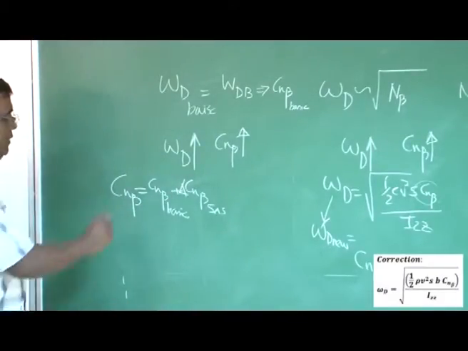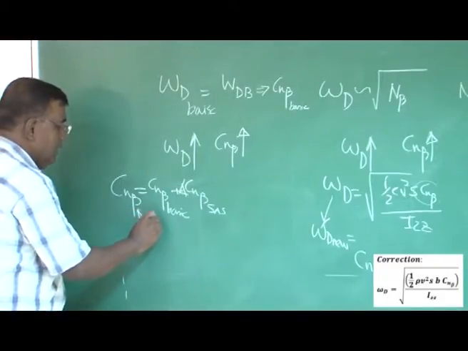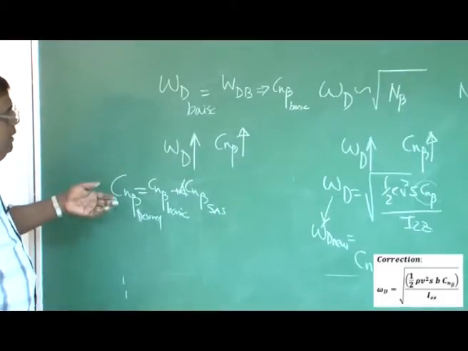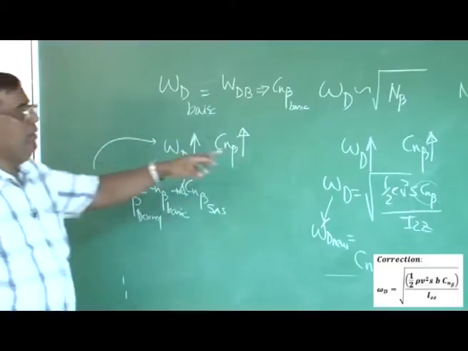And this is the desired or required value. Who decides this Cn beta desired? That is linked to whatever omega d required, which we got approximately from here.